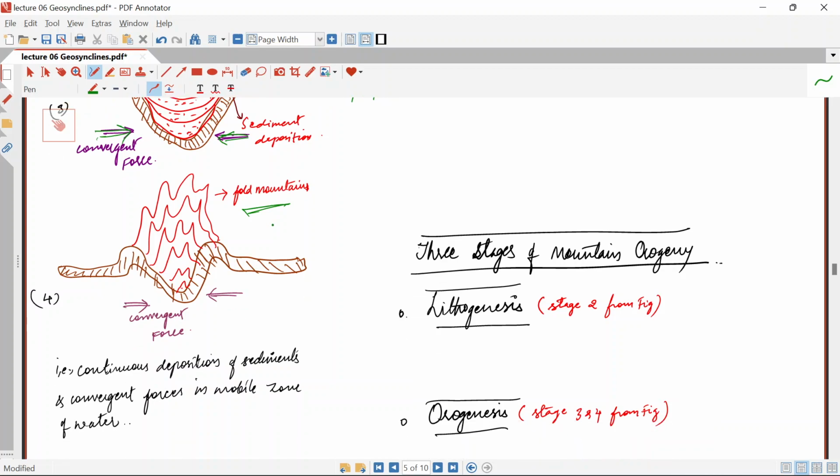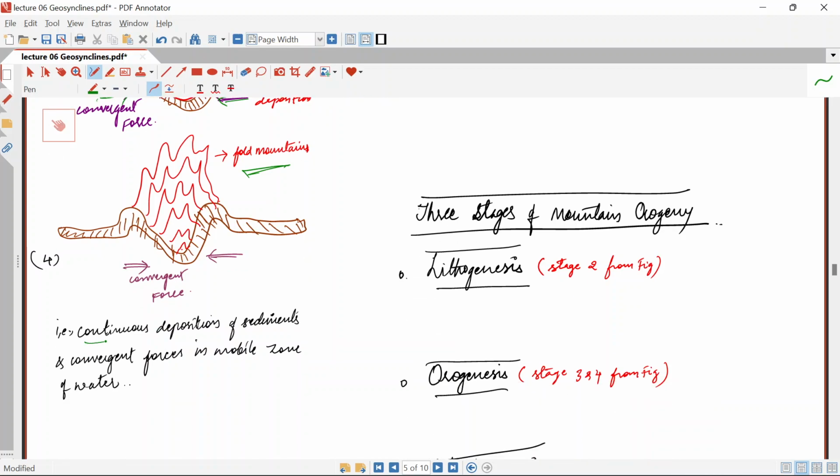So this happened due to continuous deposition. There is continuous deposition from these areas, that is cratogens or forelands, and there are convergent forces acting from both the sides. So there is a possibility of formation of fold mountains.